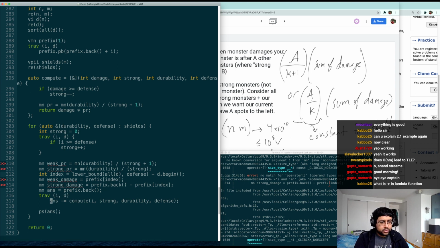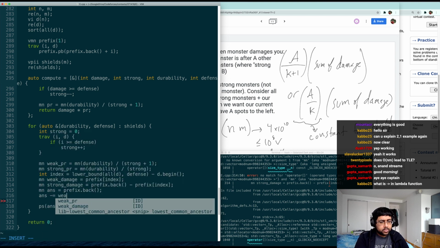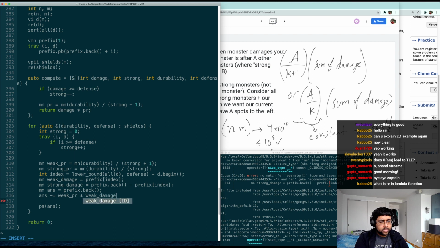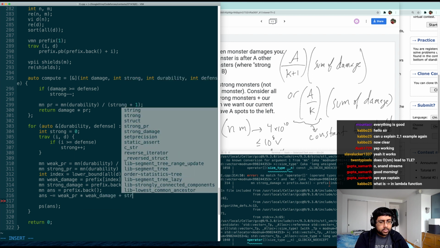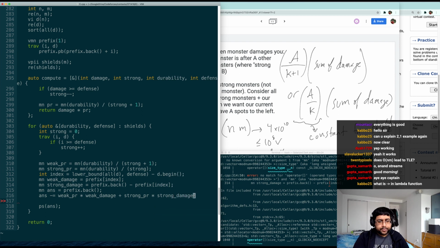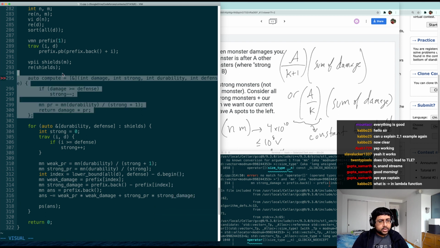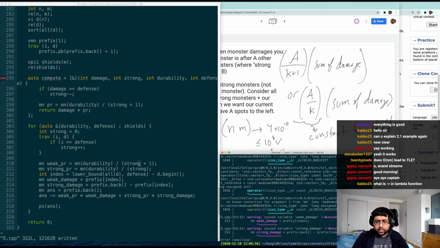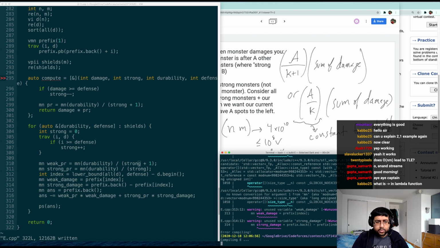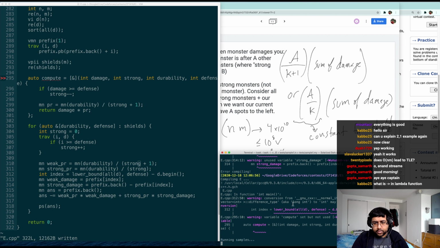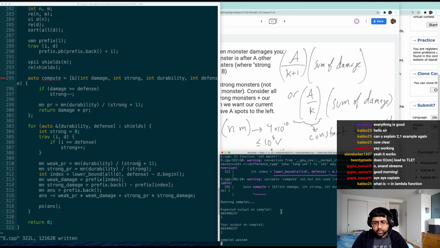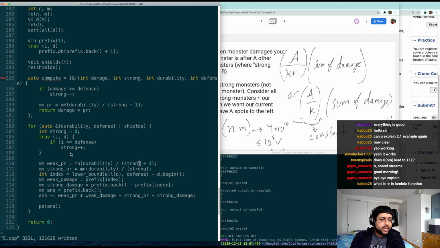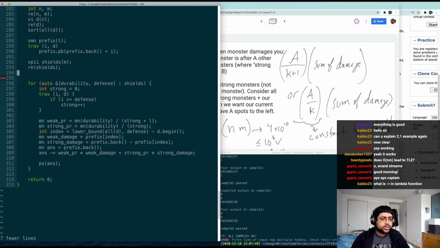So then we want to do, I'll delete this compute. I'll leave it there for now. Okay, cool. So this also passes, and this is almost the right runtime.